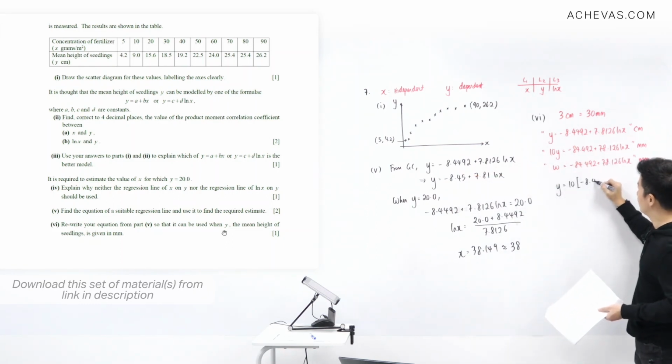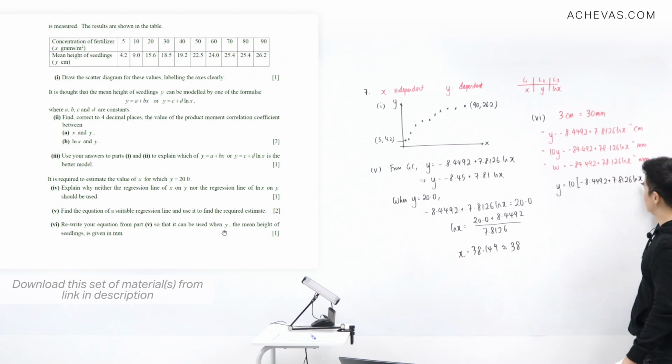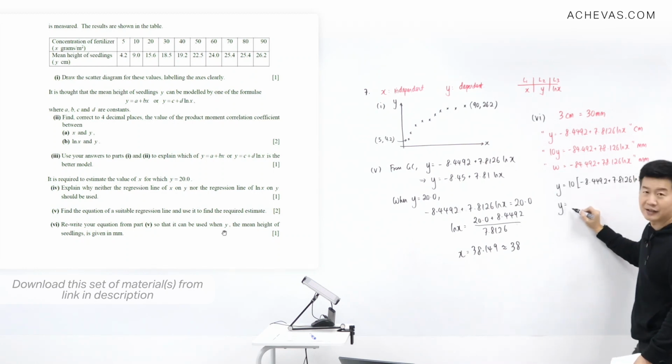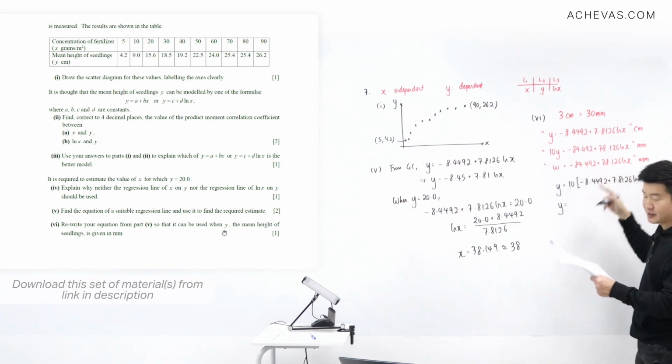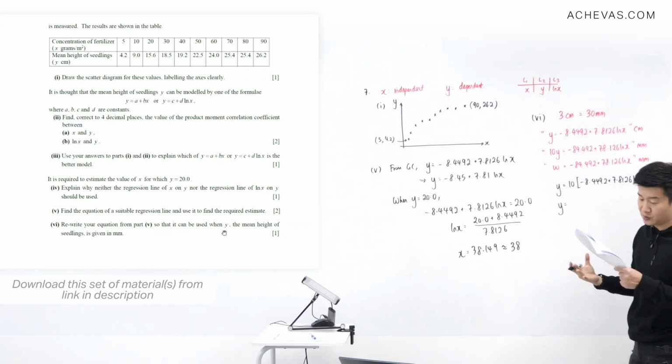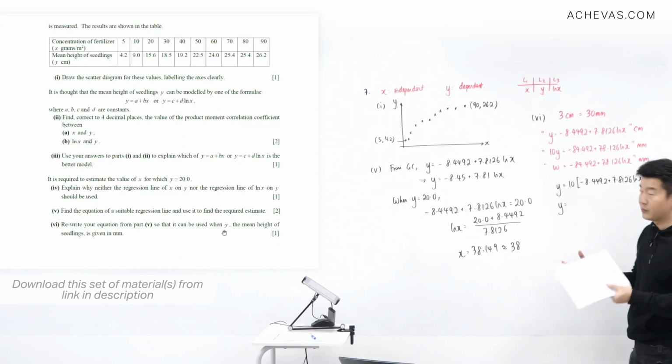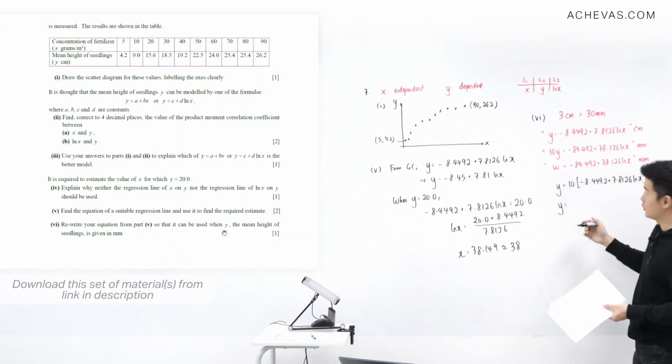So negative 8.4492 plus 7.8126 ln x, which tells me that the linear regression line that can help us work on the mean height of the seedling in mm will be this multiplied by 10. So I'm going to write this down as my answer, but according to what the question wants, I'm going to give it to 3 significant figures for the coefficient.